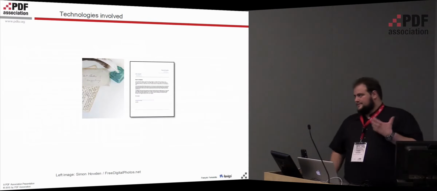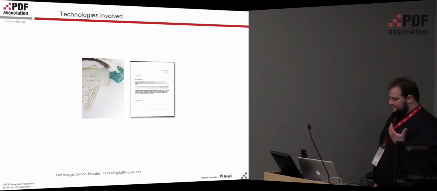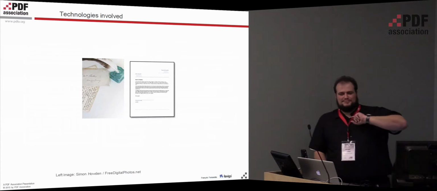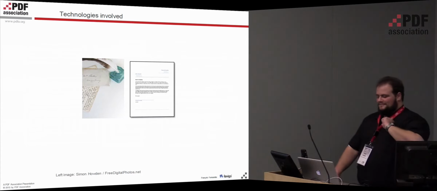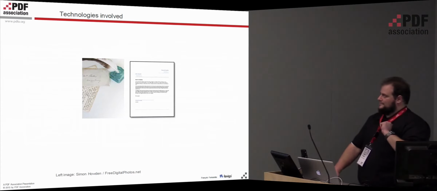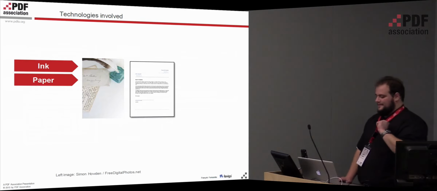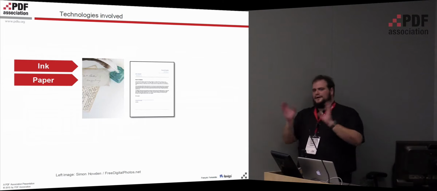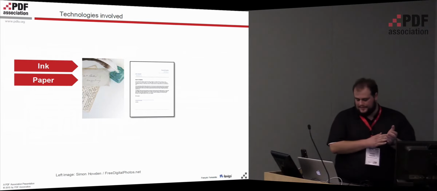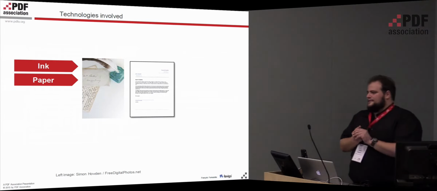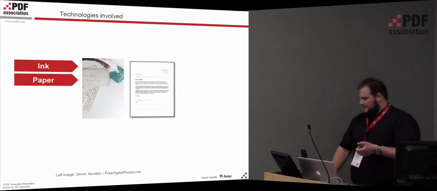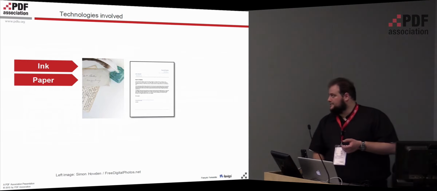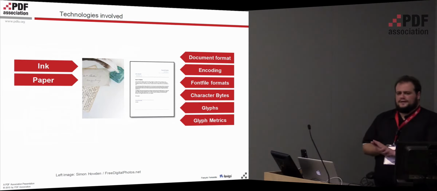So, to sum it up, technologies involved. And this is why I personally say that pen and paper is much easier. We have ink and paper, or any kind of other material. And if we're looking at what we have as digital documents today, there's a lot of different stuff involved.